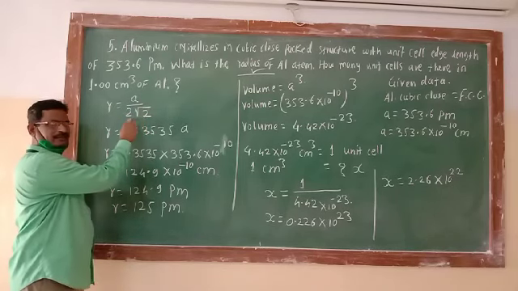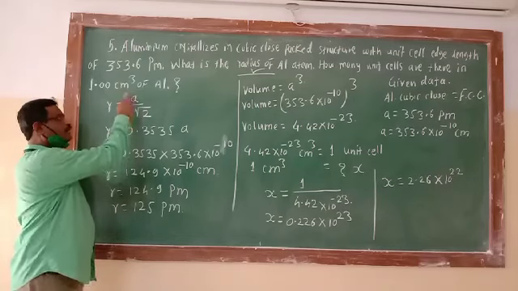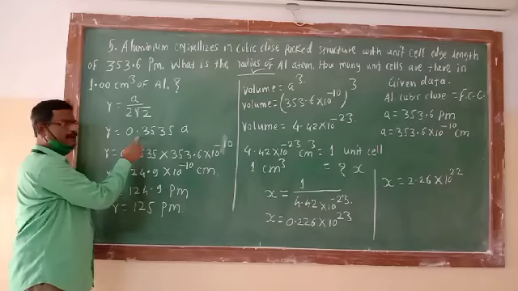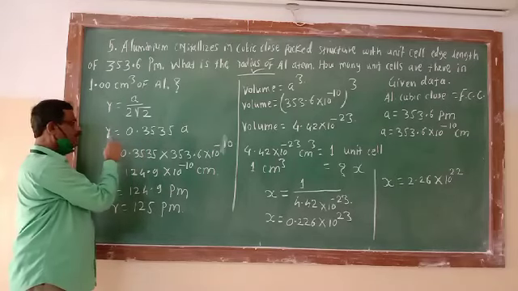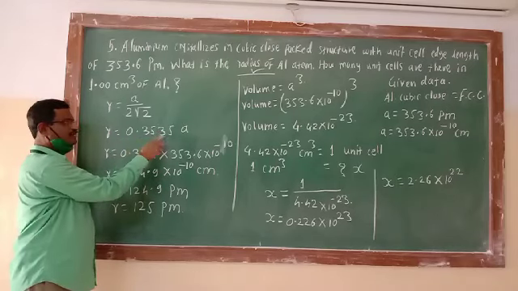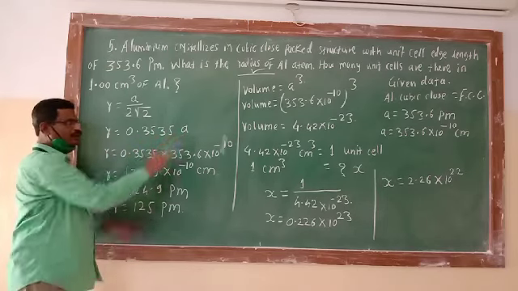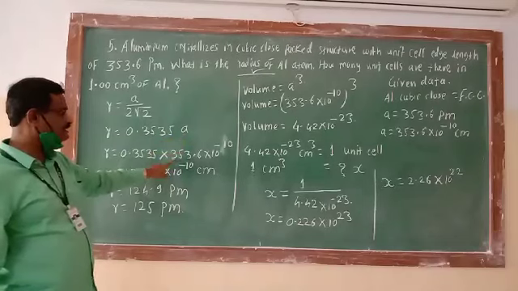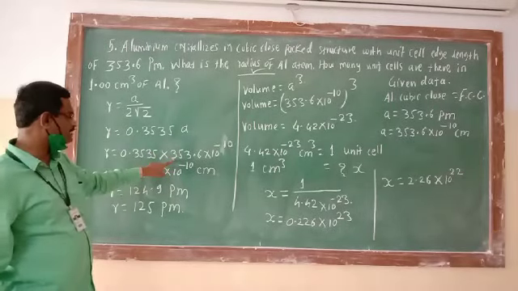Then 1 divided by that factor comes equal to 0.3535 A. So R is equal to 0.3535 A. Now we know the value of A, 353.6 into 10 raised to minus 10.